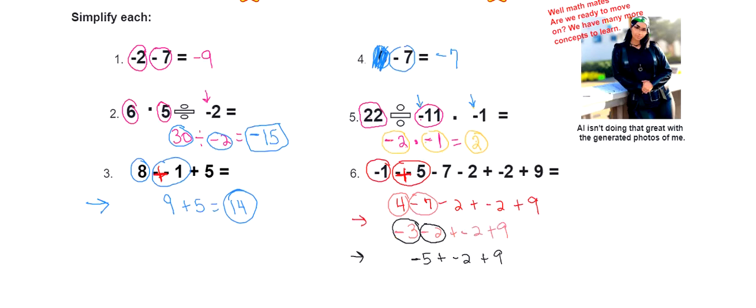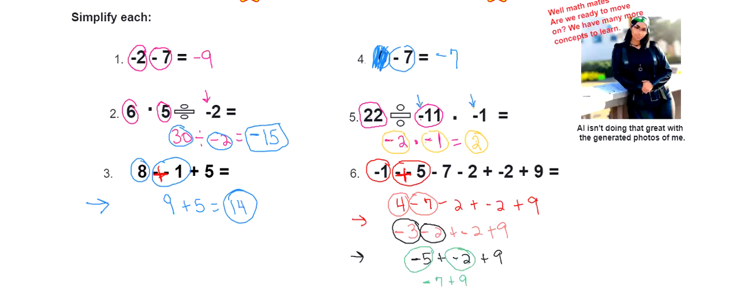I did this on purpose. I want you to see it doesn't matter. So I got a -5. Take the sign in front of the 2, which is a -2. The signs are the same, so add the numbers and take the sign. You see what I did? It didn't matter that it was plus a -2. I just took the sign that's right in front of the 2.